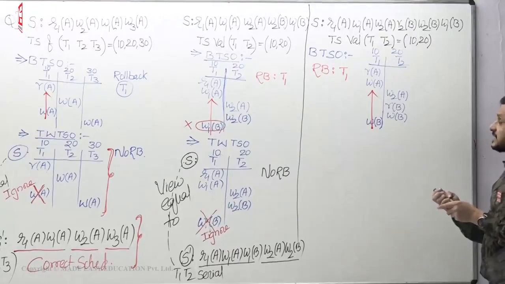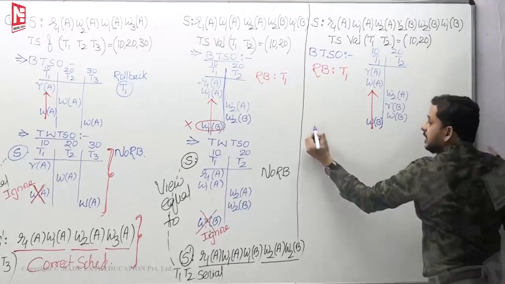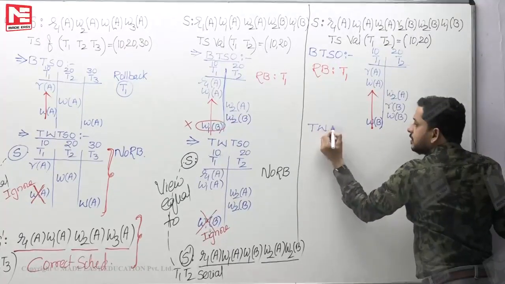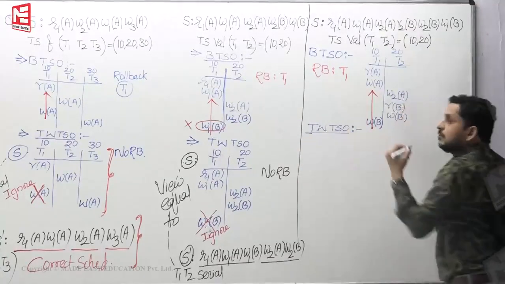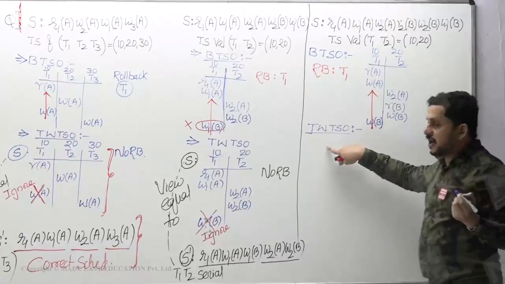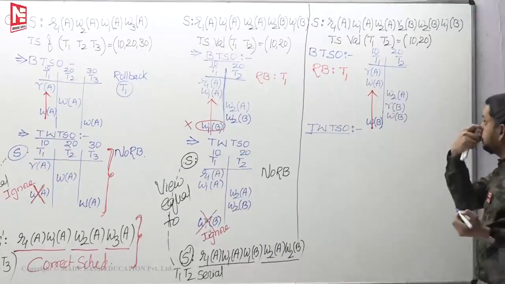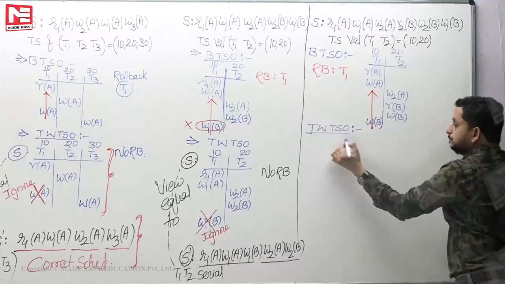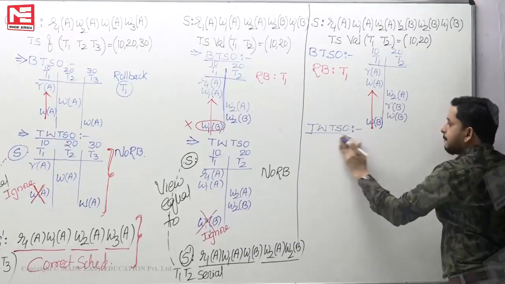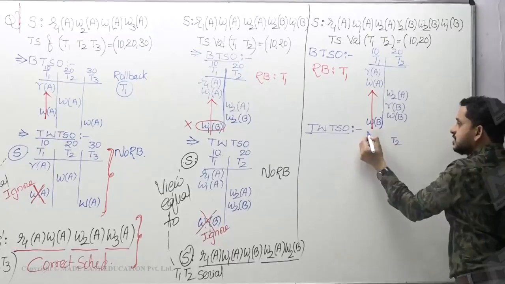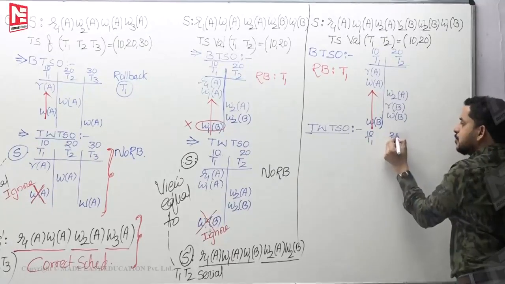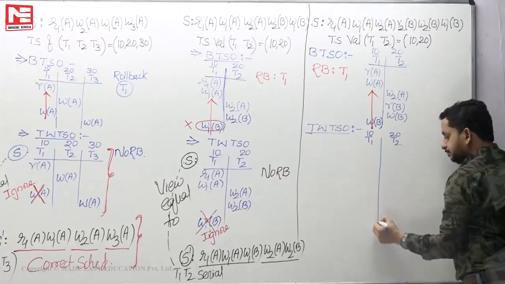So according to basic timestamp ordering, roll back transaction T1. Let us see what happens in Thomas write timestamp ordering. T1 is one transaction, T2 is the other transaction. Timestamps are 10 and 20.